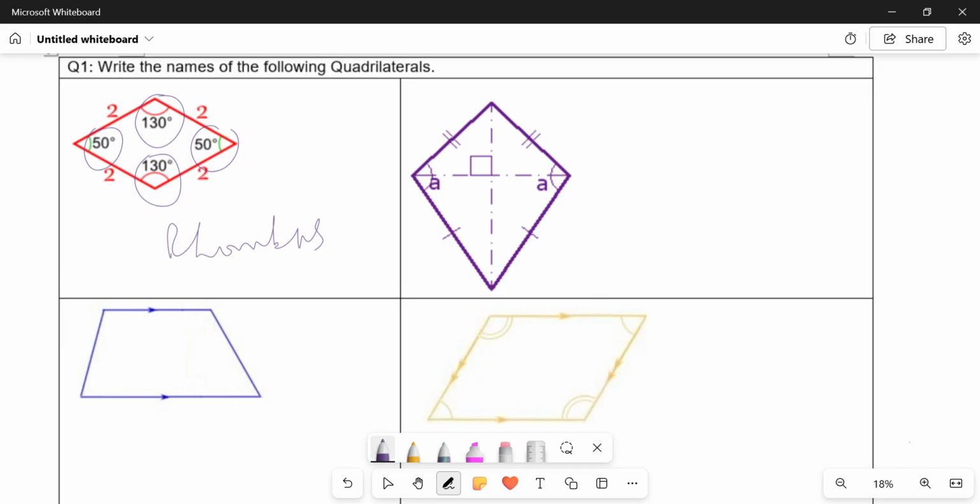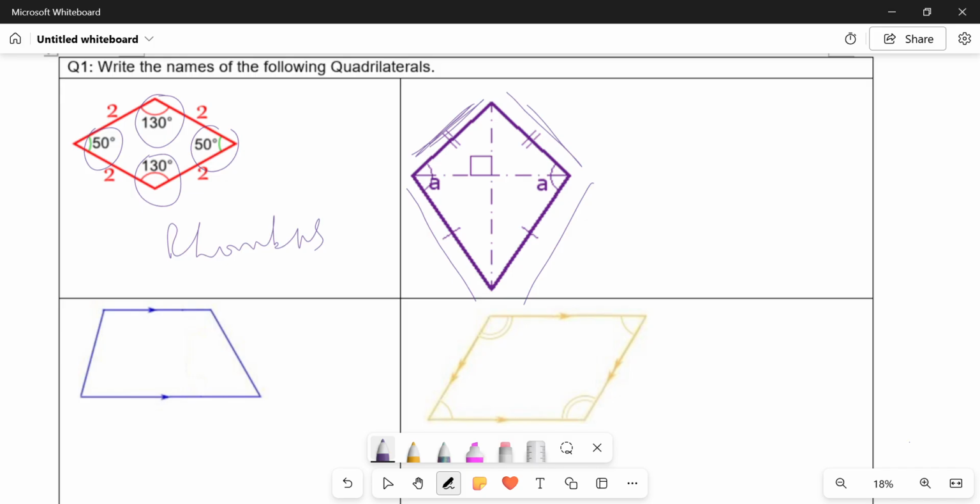So the second shape is not a rhombus, but it is a type of a rhombus, which is a kite here. So how did you differentiate that this is a kite? See the adjacent sides of this one, right? This side and this side are equal, right? And these two sides are equal.